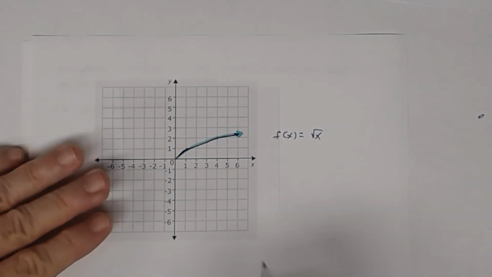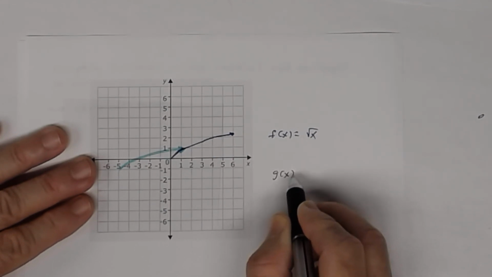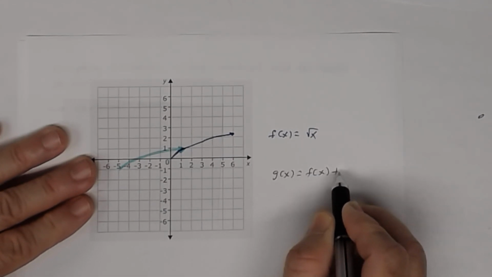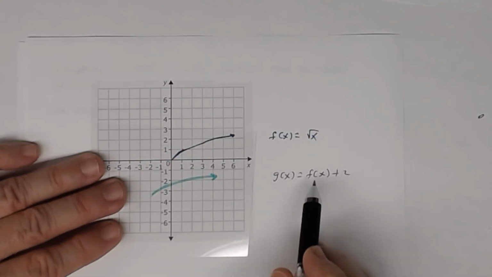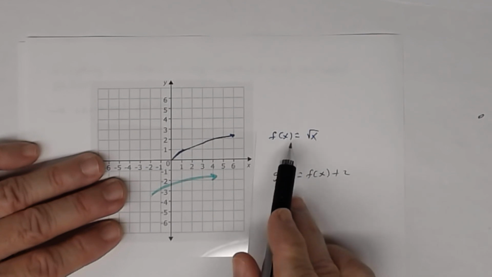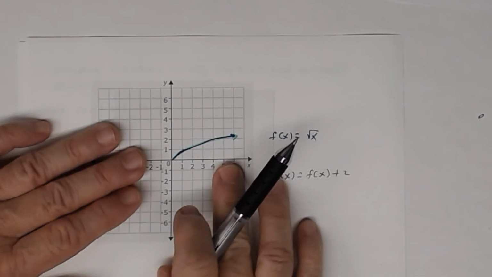Okay, now what that means is this. Let's say I want to graph g of x, which is f of x plus 2. This function f of x, remember, is a square root function, and I'm overlapping this.